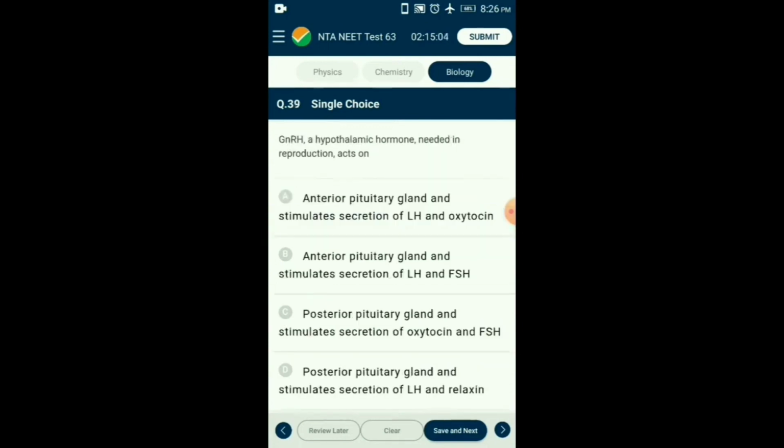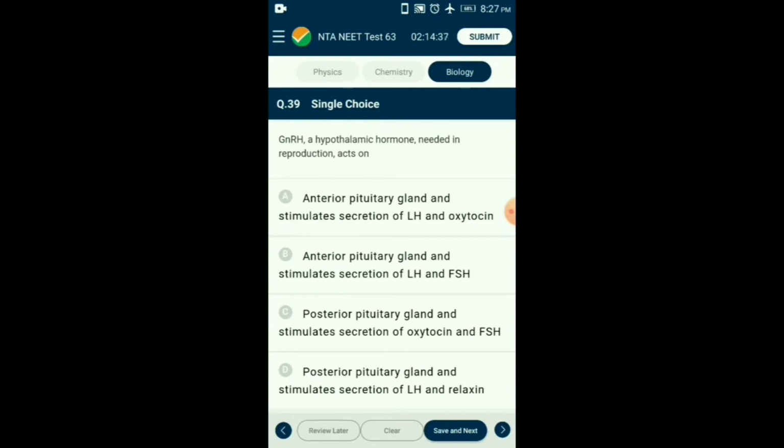Question number 39. Gonadotropin releasing hormone, a hypothalamic hormone needed in reproduction, acts on. Hypothalamus secretes gonadotropin releasing hormone which stimulates the anterior pituitary gland for the secretion of gonadotropins, follicle stimulating hormone and luteinizing hormone.